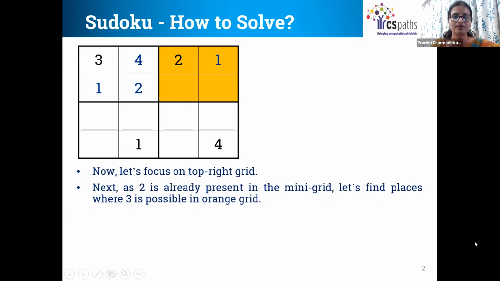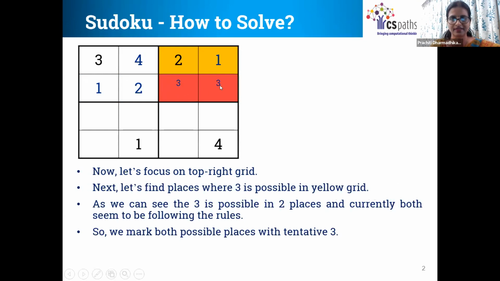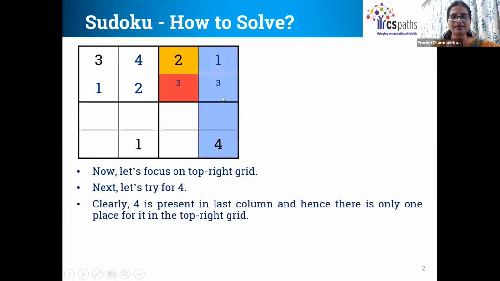Okay. So if you look at this, here also, can we have 3 here? Both of these positions are possible for 3. But now what do we observe? In the last column, 4 is already present. Yes, you can see 4 is already present.